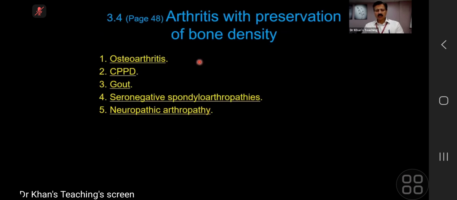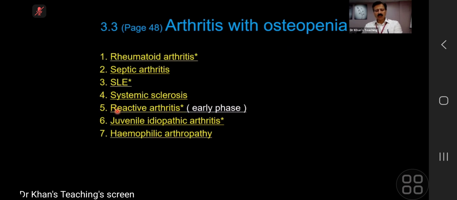Let me go back to the next one, arthritis with preservation of bone density, and there is a huge group here, seronegative arthritis. Generally speaking, seronegative arthritis does not cause osteopenia. However, one of them, which is known as reactive arthritis or chronic reactive arthritis, can cause osteopenia in the early phase.